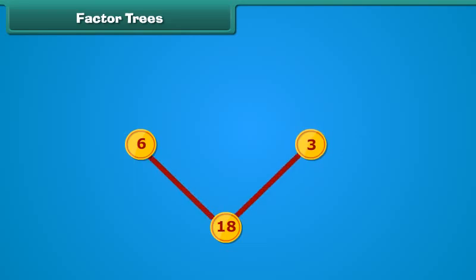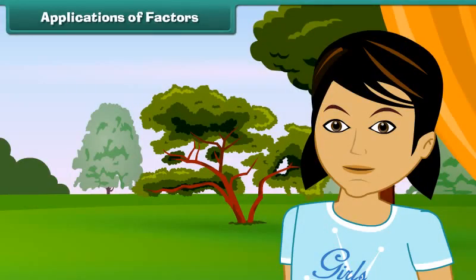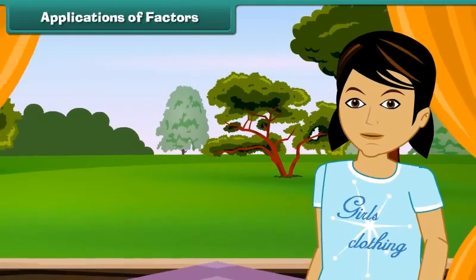Factor trees. Let us now express the factors of 18 with the help of a factor tree. 18 can be expressed as the product of 9 and 2. We draw 2 branches from 18. Mark one as 9 and the other as 2. 9 can be written as the product of 3 and 3.